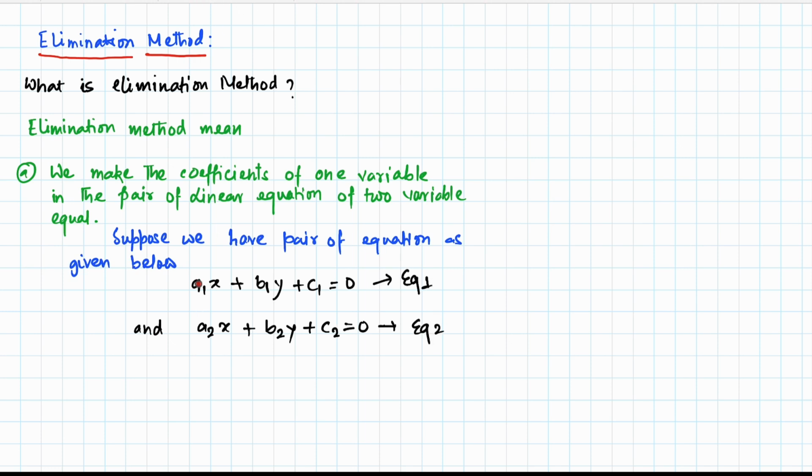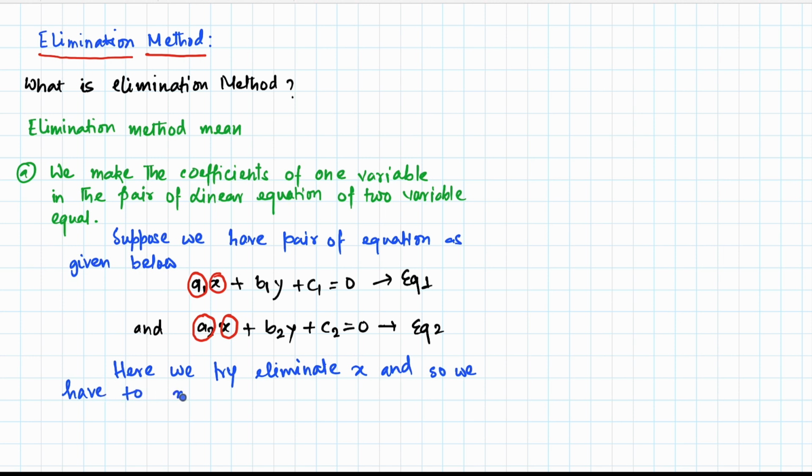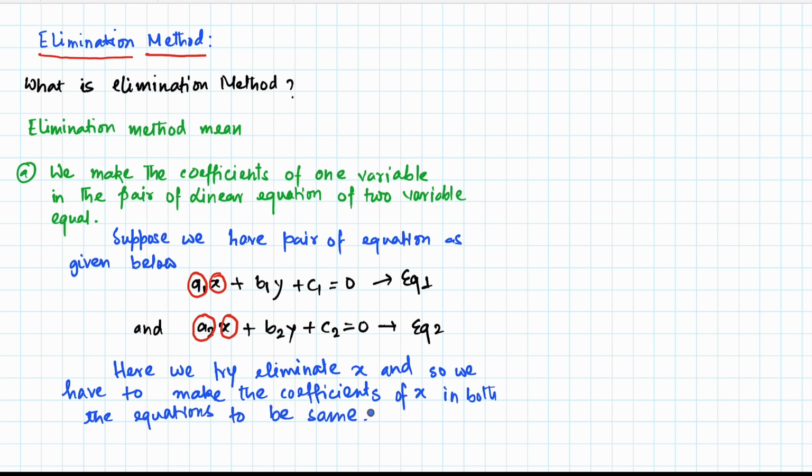Suppose we have a pair of equations, a1x plus b1y plus c1 equal to 0 as equation 1, and a2x plus b2y plus c2 equal to 0 as equation 2. Now a1 and a2 are the coefficients of variable x. Here we try to eliminate x, so we have to make the coefficients of x in both the equations the same.